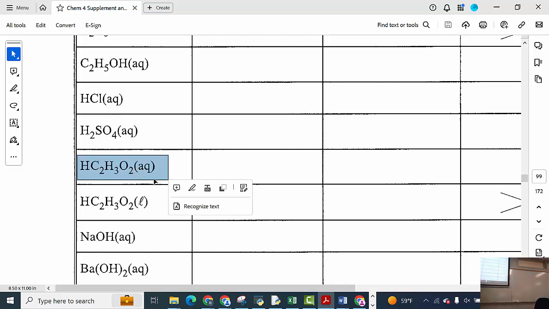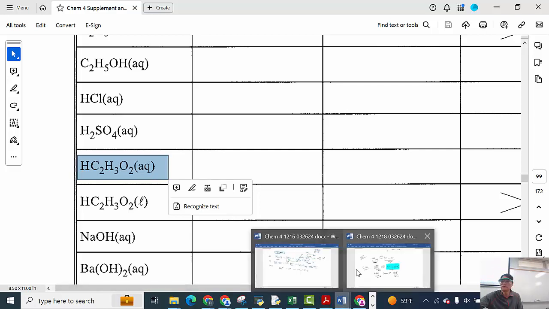How many acidic hydrogens are there, and what is this called? Acetic acid, and acetic acid has how many acidic hydrogens? Four? You would think it has 4 acidic hydrogens.